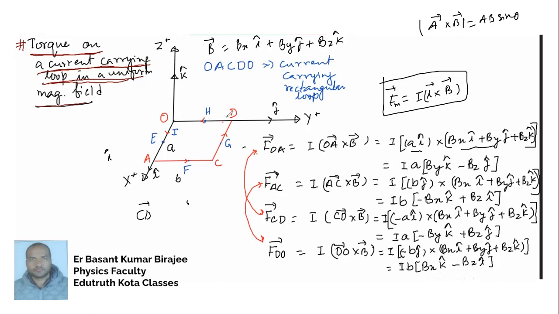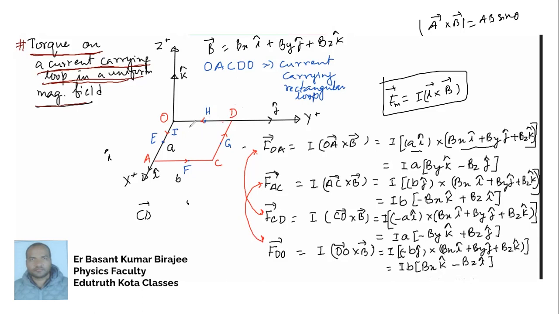Similarly, we can find the magnetic force experienced by the current carrying arm DO. It is a wire here, a current carrying wire.